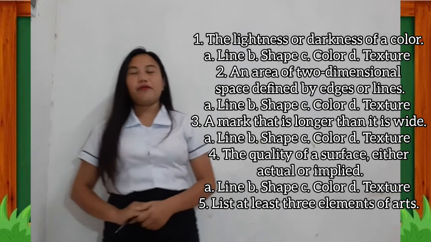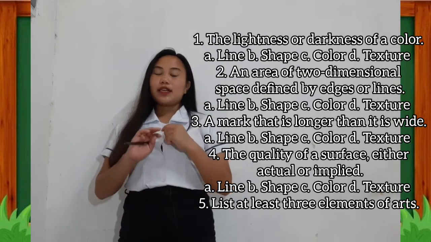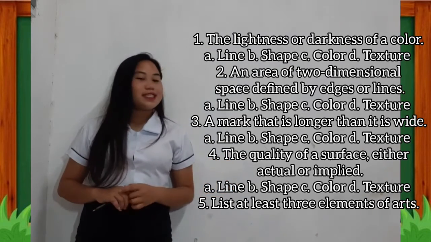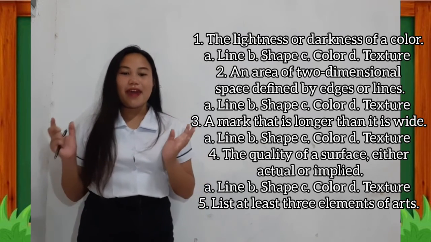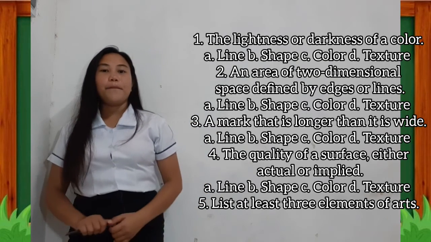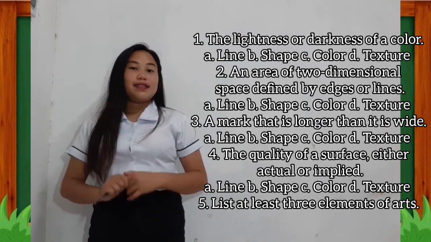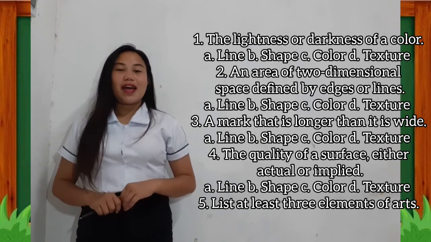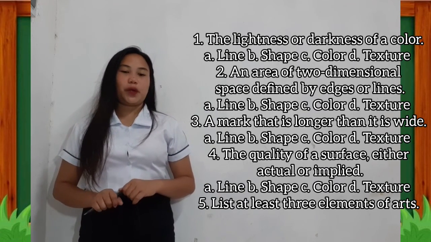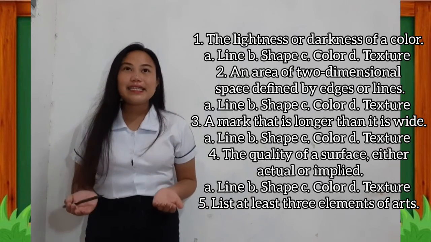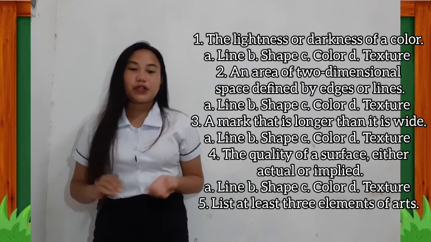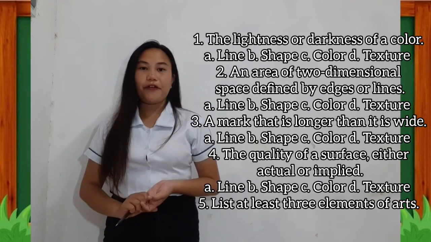The question of number 4 is the quality of surface, either actual or implied. A. Line, B. Shape, C. Color, D. Texture. Number 5. List at least 3 elements of art.